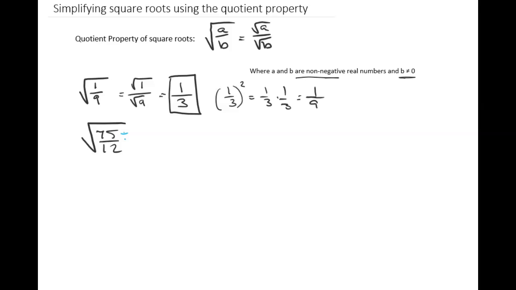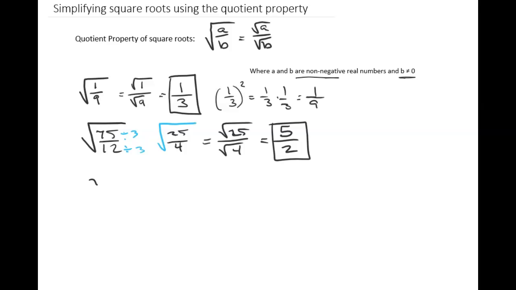Both 75 and 12 are divisible by 3, so we want to reduce the fraction before we go any further. 75 divided by 3 is 25, and 12 divided by 3 is 4. Once the fraction is fully reduced, we use the quotient property, and it becomes the square root of 25 over the square root of 4. Now we can evaluate: the square root of 25 is 5, and the square root of 4 is 2.